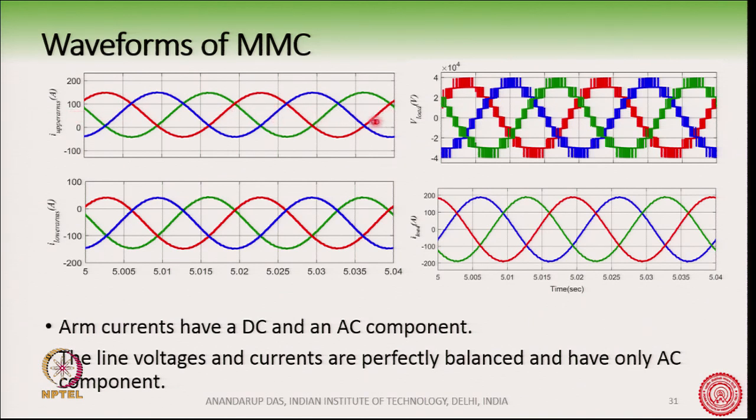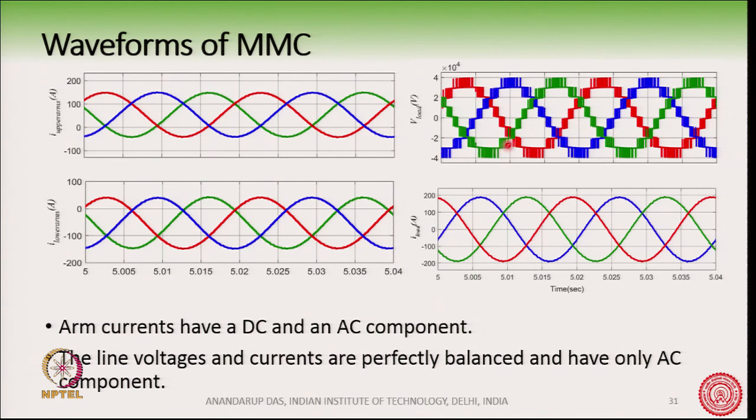This DC component, as we have discussed, is essential for the operation of the converter. These 2 DC components do not come in the load current waveform. The load does not get the DC component. The DC component flows from the upper arm through the lower arm and goes back to the DC source. It does not flow to the load.